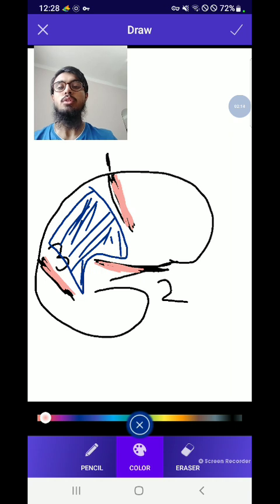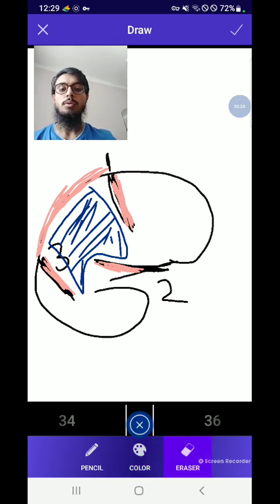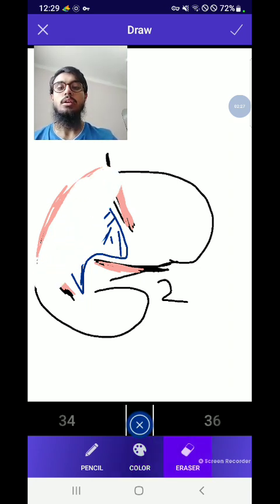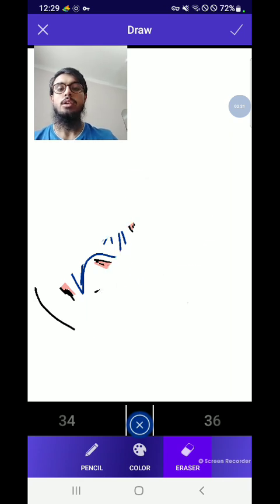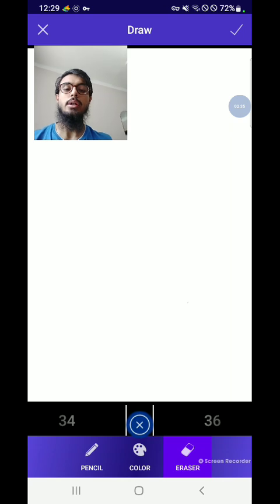And superior to the parietal lobe is the parietal bone. So these are all the borders of the parietal lobe. Now let's talk about the functional anatomy related to the parietal lobe.